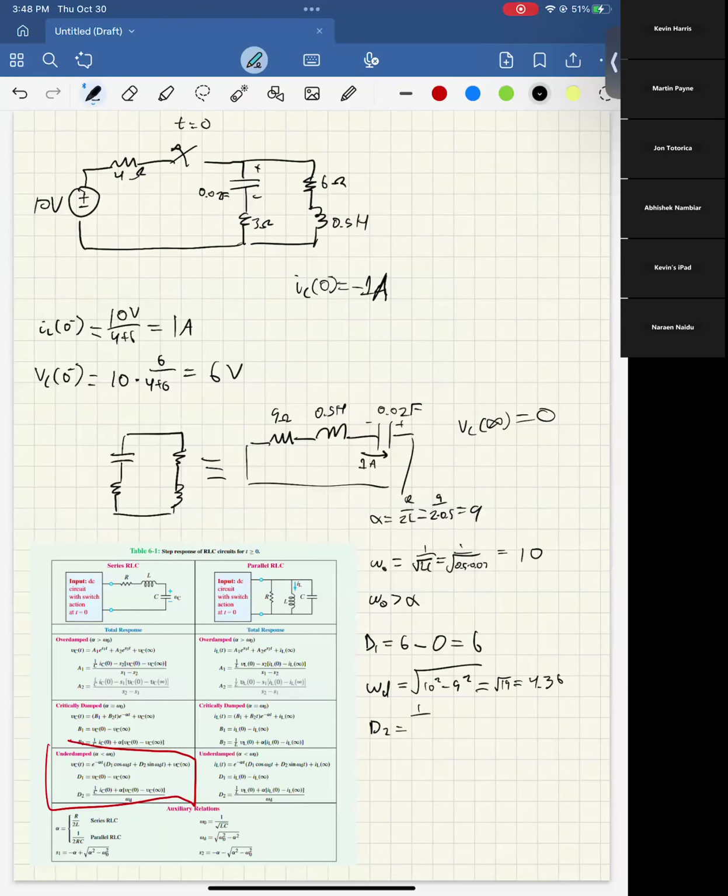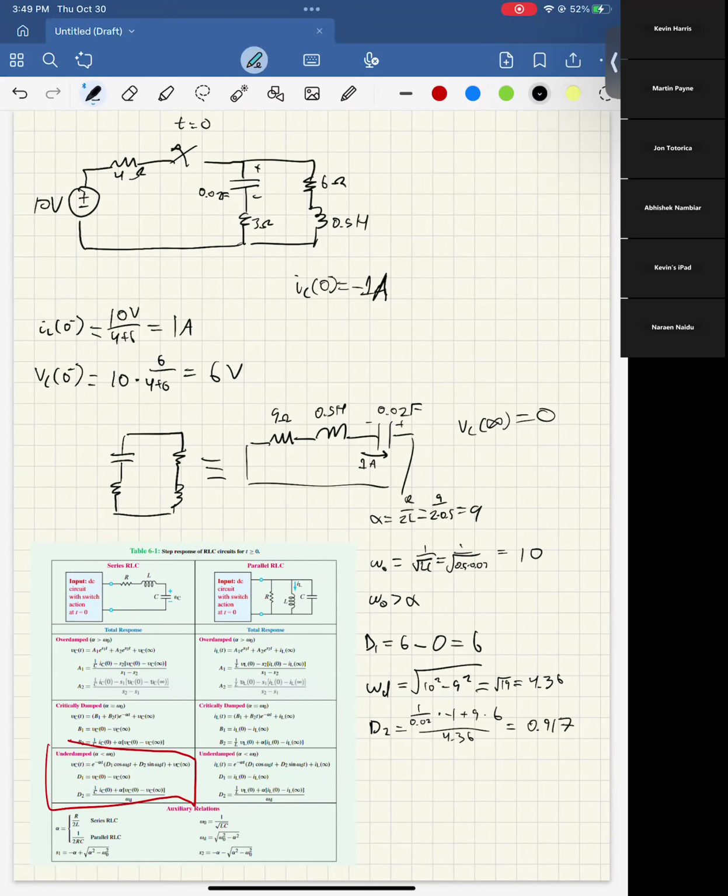It's 1 over C, which is 0.02, times IC of 0, which we found to be negative 1, plus alpha, which is 9, times D1, which we just found to be 6, over 4.36. And you end up getting 0.917.